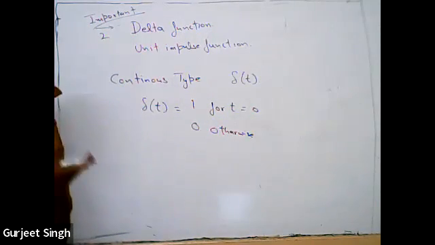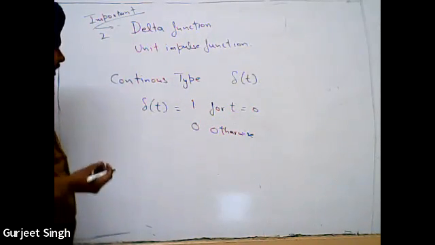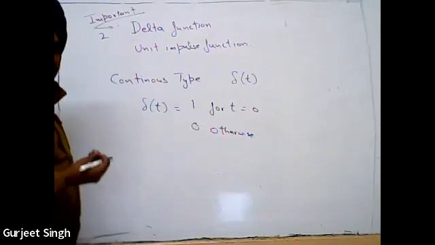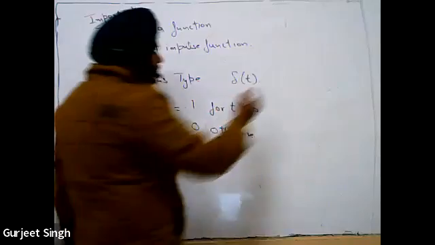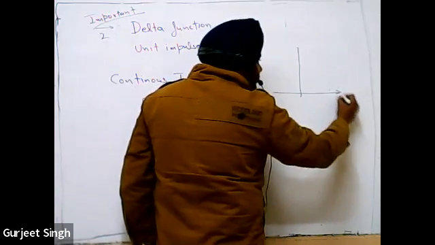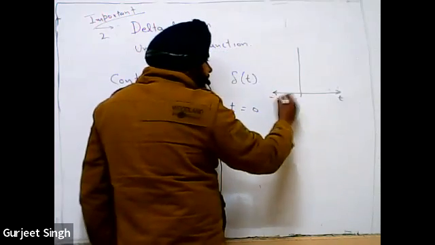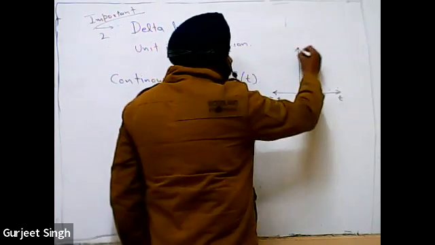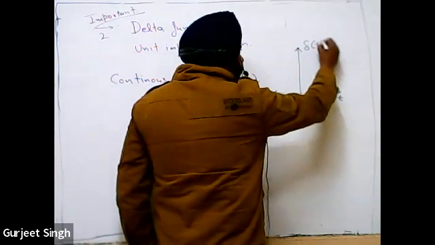If I draw this delta t function, this is the t axis, and here we represent the minus t.